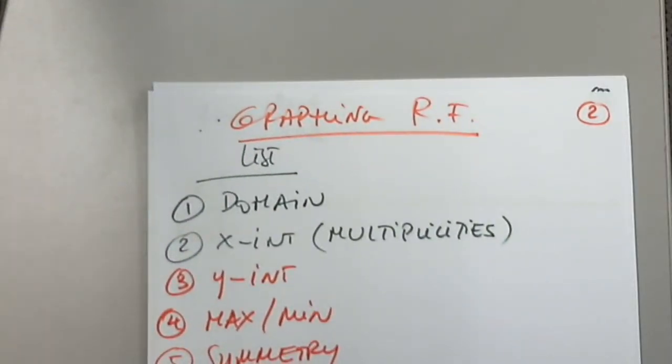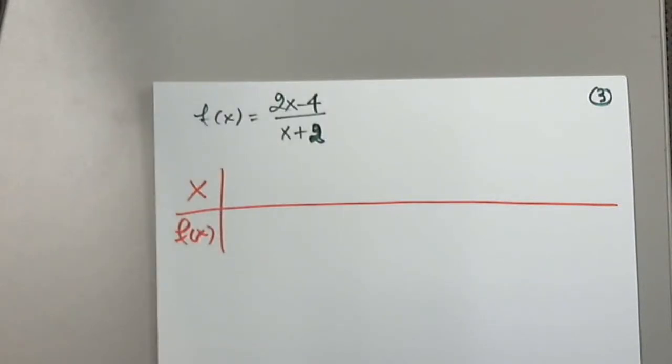Where do I start? I'm asked to graph this function. Every time I'm asked to graph, where will my starting point be? Very good, domain indeed. So let's look at this function. Can anyone give us the domain? The denominator has x plus 2, of course.